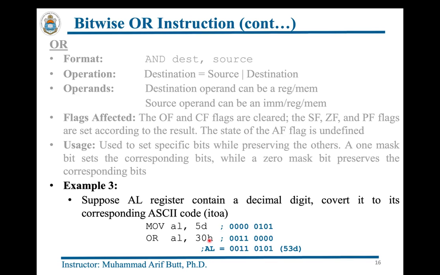That can also be done. However, this OR operation is much faster than that. Please feel free to do these examples on your own with different values to have confidence that this works with all possible values and can easily be used to convert a decimal digit to its corresponding ASCII.